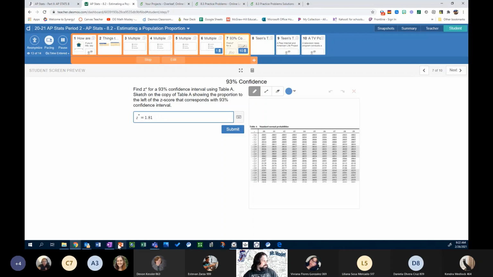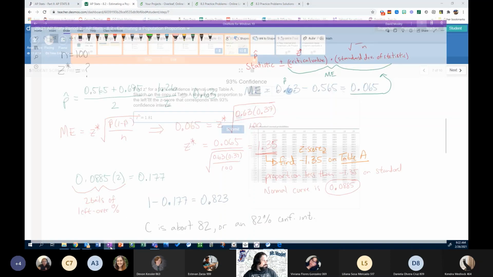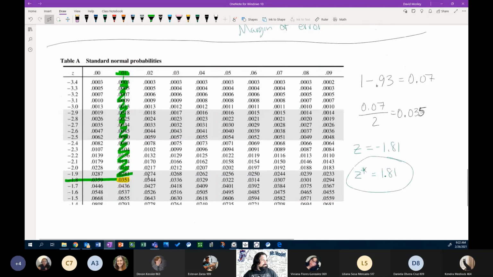Okay, so let's look at the work here. We take 1 and subtract 0.93 to get the leftover proportion of our curve that is not part of our confidence interval, 0.07. We then take 0.07 and divide it by 2, and we get 0.035.